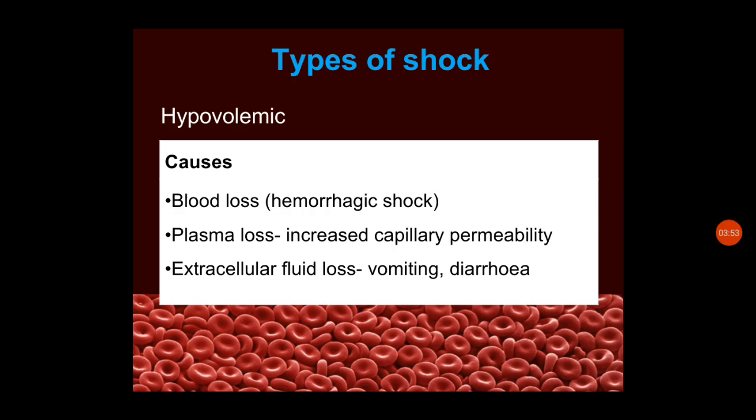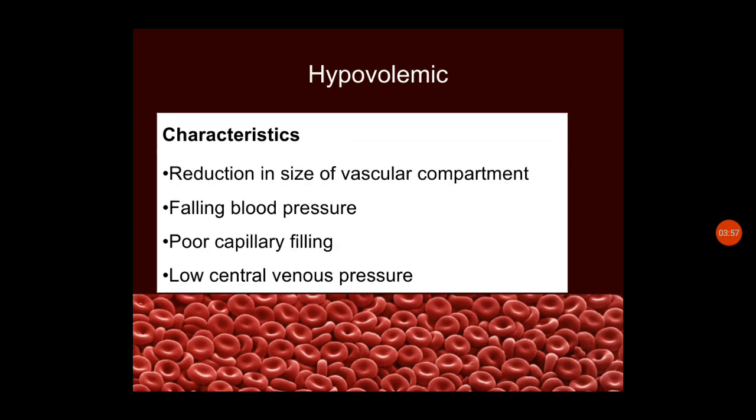Hope you understood. The presentation of the patient, or the characteristics of hypovolemic shock, include reduction in size of the vascular compartment. The compartment inside the vessel, that is the blood volume, will come down. There will be falling blood pressure and poor capillary filling.